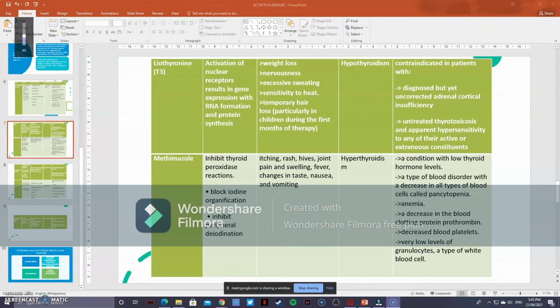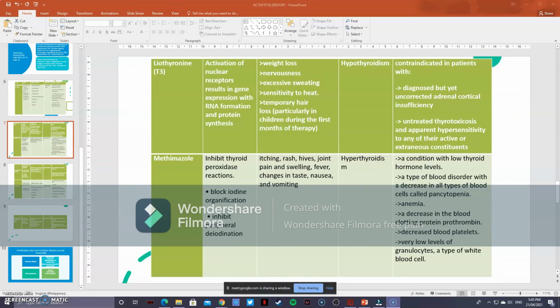The indication is hypothyroidism. It is contraindicated in patients diagnosed with yet uncorrected adrenal cortical insufficiency, untreated thyrotoxicosis, and apparent hypersensitivity to any of its active or extraneous constituents.